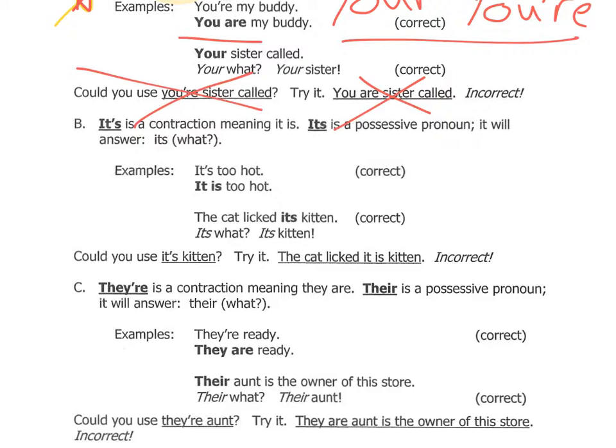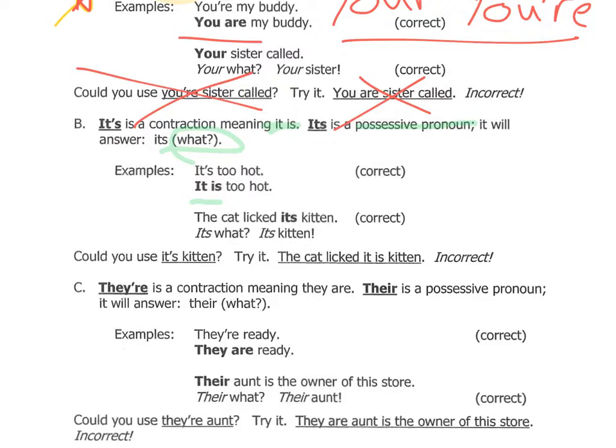Okay, let's look at B. It's and its. It's is a contraction meaning it is. Its, I-T-S, is a possessive pronoun. It will answer its what? Examples. It's too hot. It is too hot.